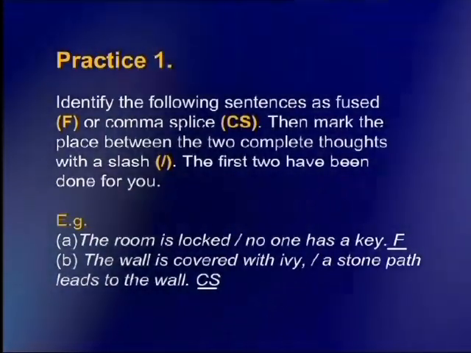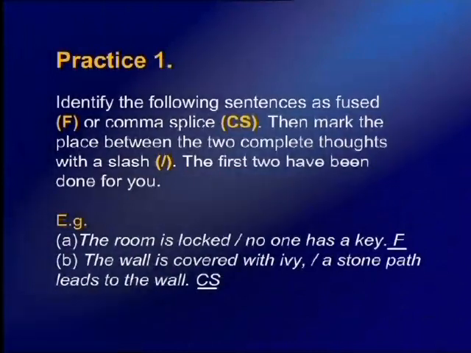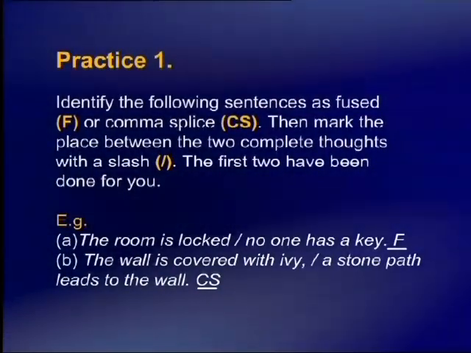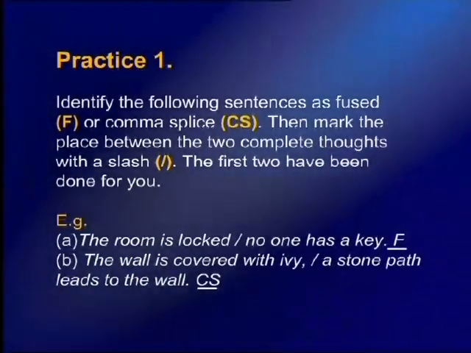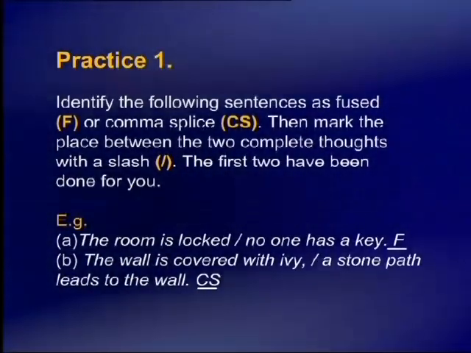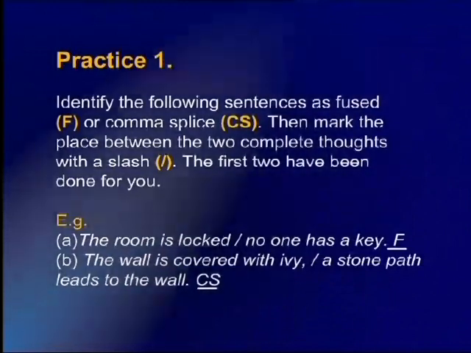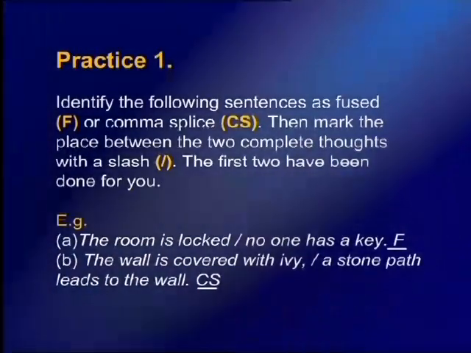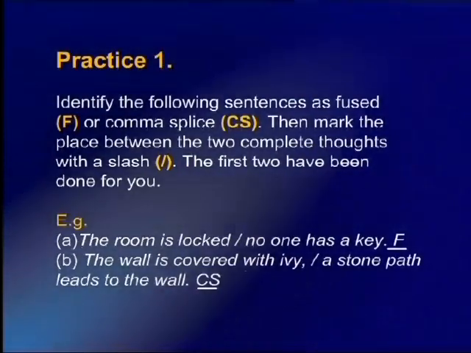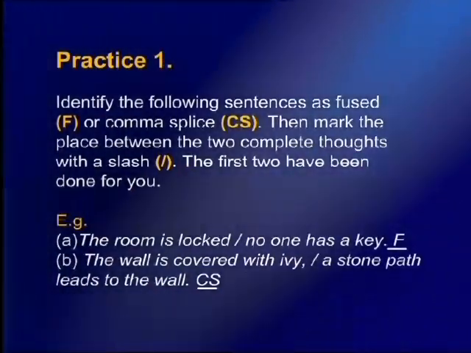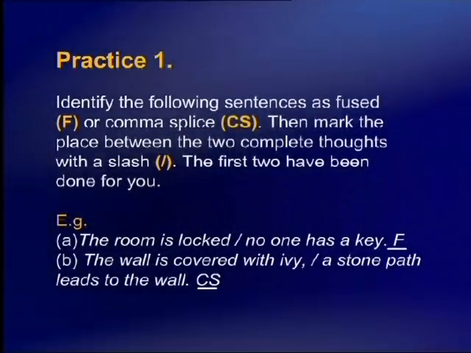The mark is between the word locked and the word no. And it is a fused sentence. The second example, the wall is covered with ivy, a stone path leads to the wall. And you notice there's a comma over there. And it is an example of a comma splice sentence.